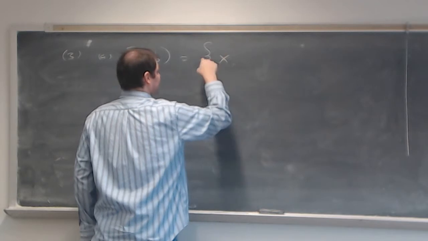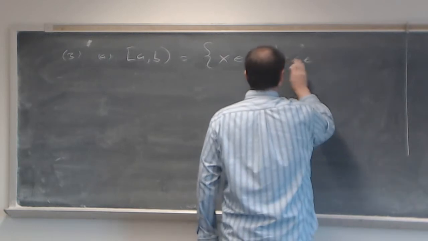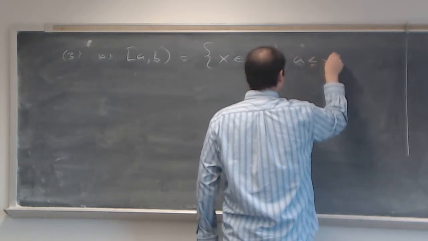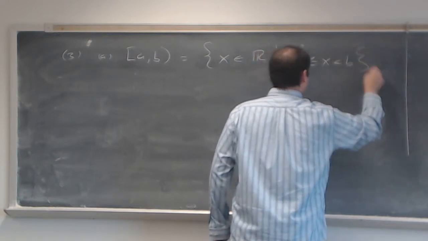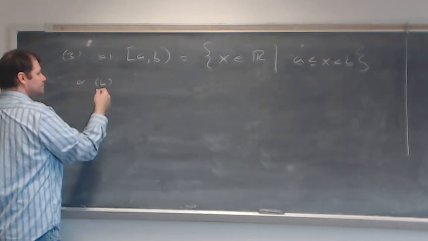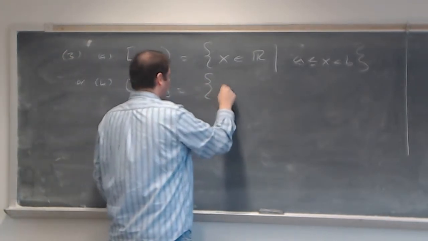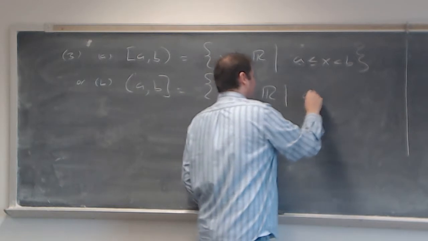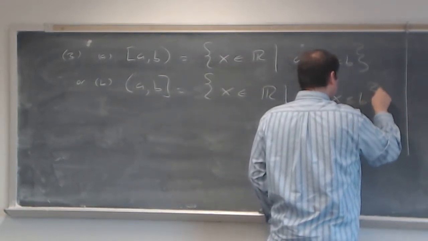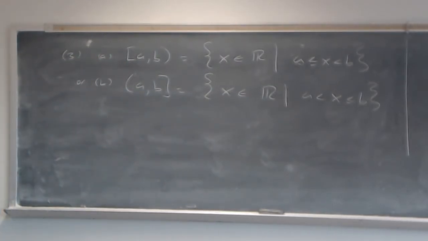That equals the set of all x's such that A is less than or equal to x is less than B. Or, part B, here I'll write down A to B in this fashion, which equals the set of all x's in R, such that A is less than x is less than or equal to B. And so in this case, they're bounded intervals. They have a lower bound of A and an upper bound of B. That's what we have.